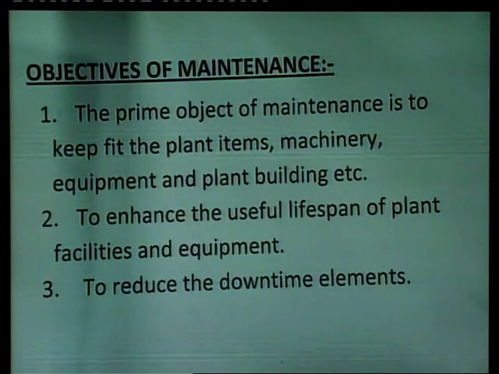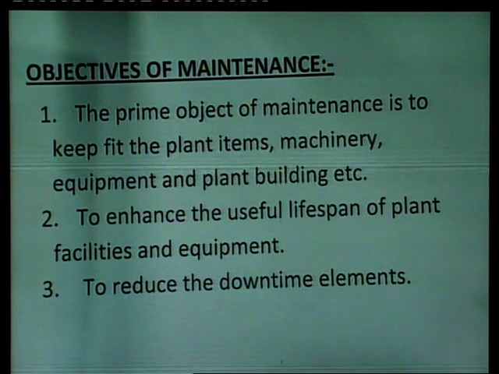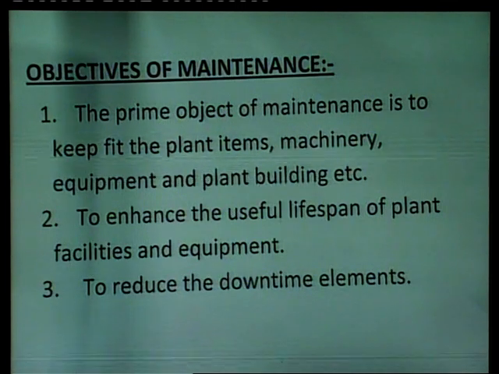The third objective of maintenance is to reduce the downtime elements. When the maintenance of the plant facilities is proper, then the downtime of the different machines is reduced, and with the reduction of downtime, it is more economical to the industry, and it produces higher productivity, efficiency, and quality.